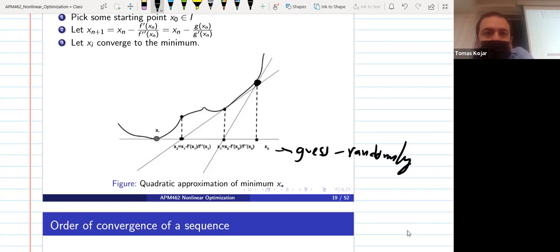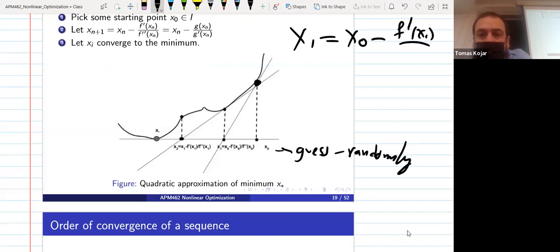And then x1 was what? It was x0 minus f prime of x0 over f double prime of x0. So if I rearrange this with this notation g, so what is it?